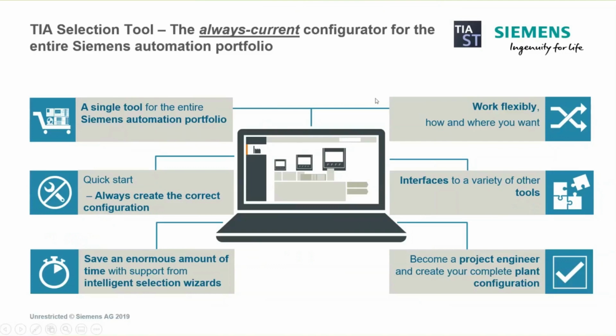So the TIA selection tool, what I like about it is that it is the always current configurator for the entire Siemens automation portfolio. So always current means that it's constantly being updated by the web. So when our industry mall is updated with new products, part numbers, things like that, new firmware versions, the TIA selection tool will also get a download and make sure that your parts lists are always kept up to date.